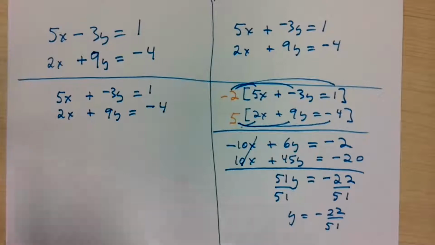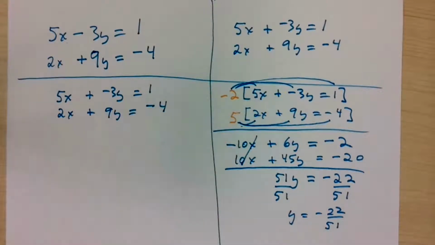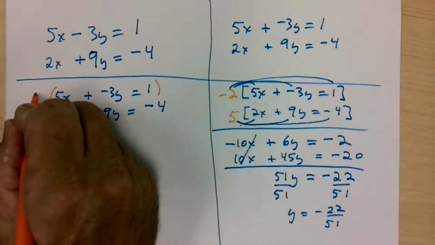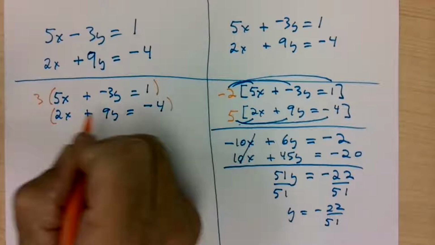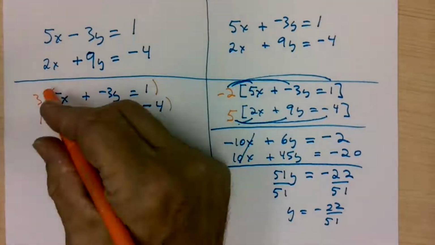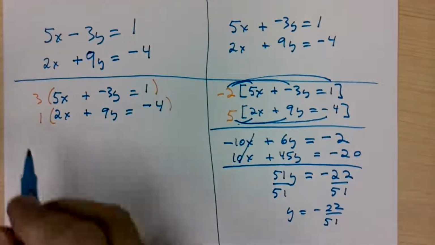So what I'm going to do is I'm going to eliminate the y's. 3 and 9, least common multiple is 9. Make them both 9. Make one negative and one positive. So I'm going to multiply the first equation by 3 and the second equation by 1. That'll make this 3 times -3y, -9y, 1 times 9y, positive 9y.